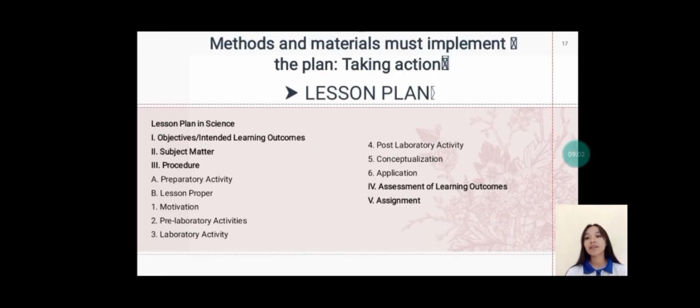So here are the basic components of a lesson plan. A lesson plan has objectives, intended learning outcomes, subject matter. Under subject matter, there should be the topic, references, concepts, and materials. Another is the procedure.